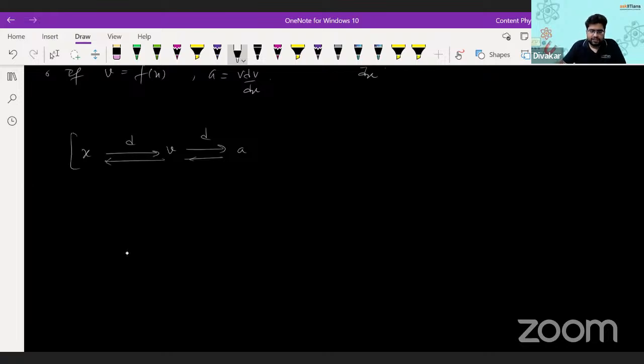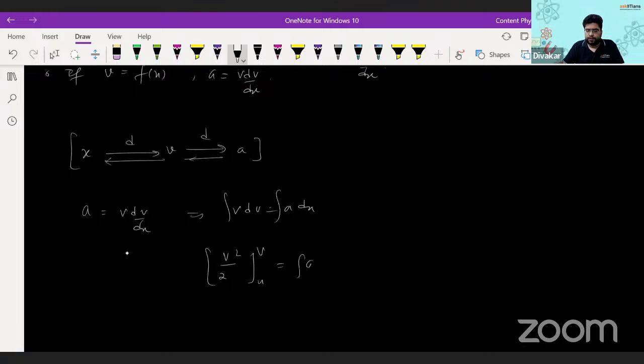This case is very important from a calculus perspective. So acceleration can be written as v dv by dx, which implies v dv is equal to a dx. If you integrate this, the integration of v dv is v square by 2 from u to v, and this will equal the integration of a dx.